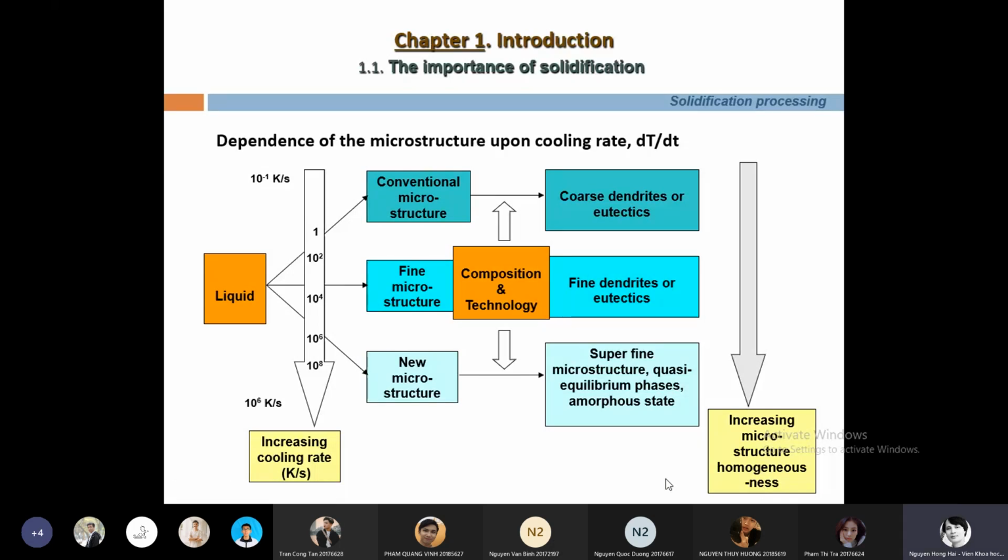More homogeneous structure can form at higher cooling rate. And the microstructure also depends on the composition and technology. So, the microstructure depends on the cooling rate.